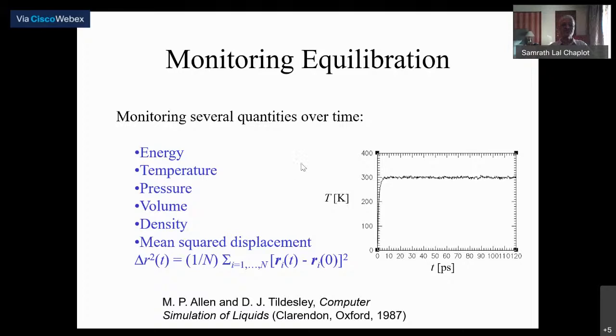And those changes will be determined by the net value of the internal pressure or internal stress tensor, just as the positions of the atoms are changed depending on the forces on atoms. The simulation cell is changed depending on the stress tensor on the simulation cell.